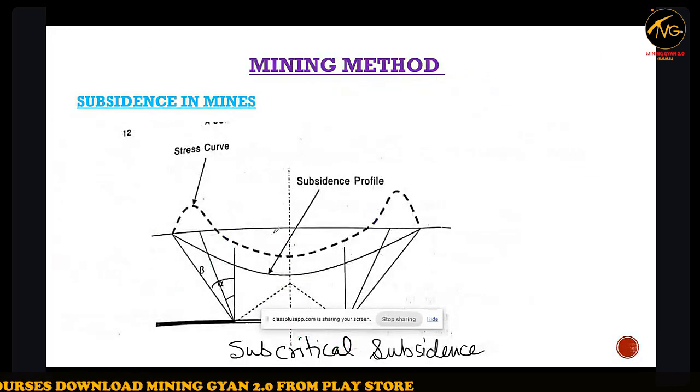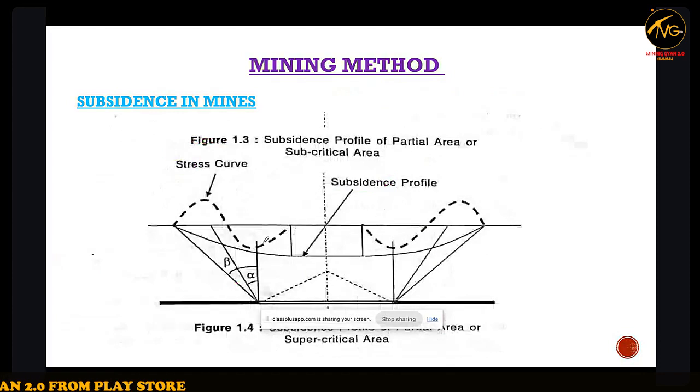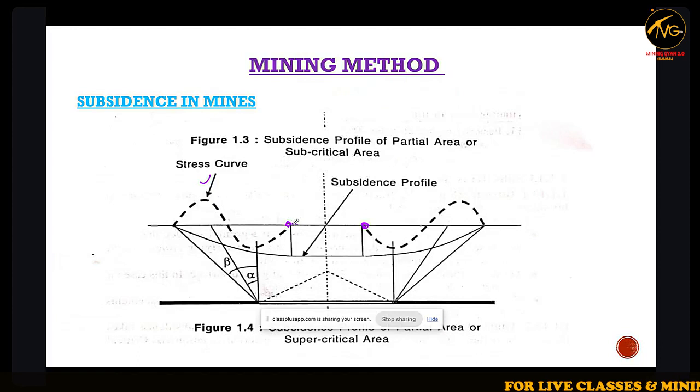This is the stress curve of the subcritical, and this is the subsidence profile and the angle of draw. For the supercritical curve, the stress curve is this one, with maximum stress at the surface. So you should know the diagram at least.